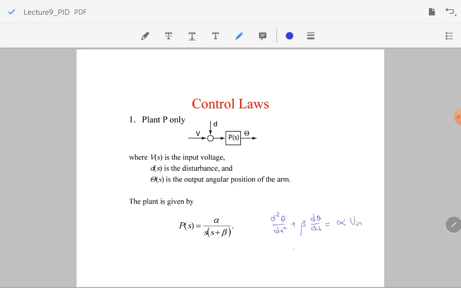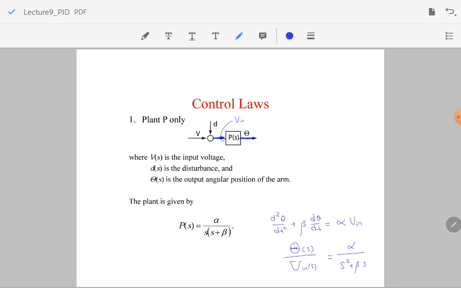The transfer function is given by capital Theta(s) divided by V in(s) equals alpha divided by s squared plus beta s. So that's your plant transfer function. That means what's going in right here should be the voltage, and what's coming out should be the position.